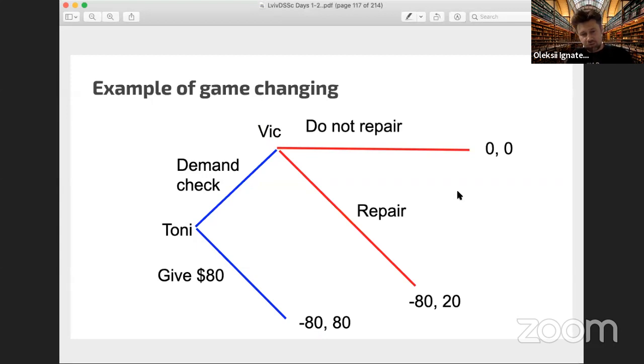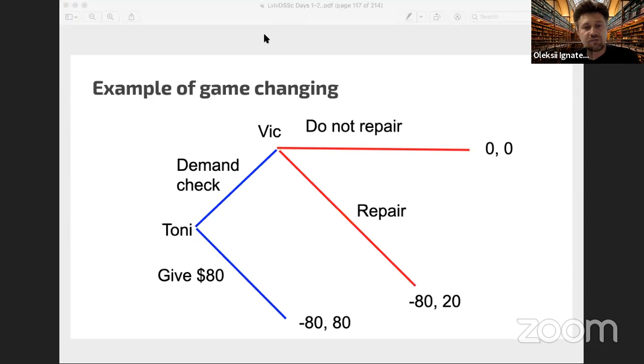If we solve this game by using backward induction, it's better to repair than not repair for this guy, and minus 20. And for Tony, it's indifference between these options. He can give money or he can demand a check. Otherwise, he loses $80.